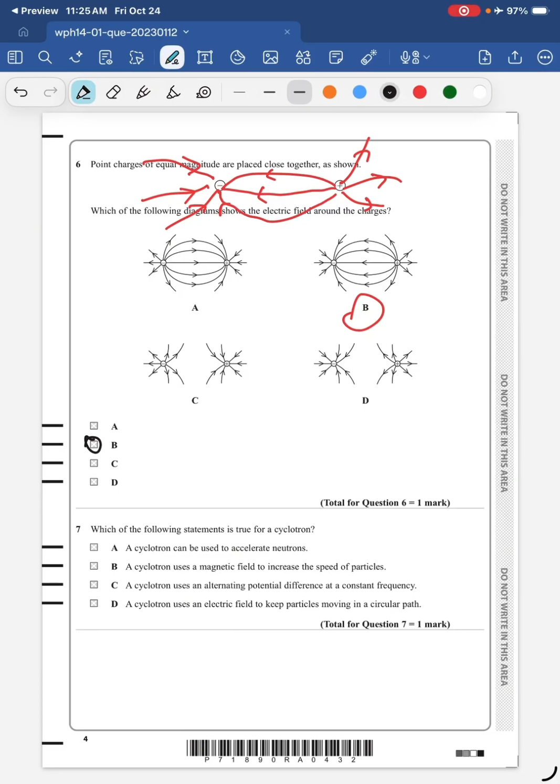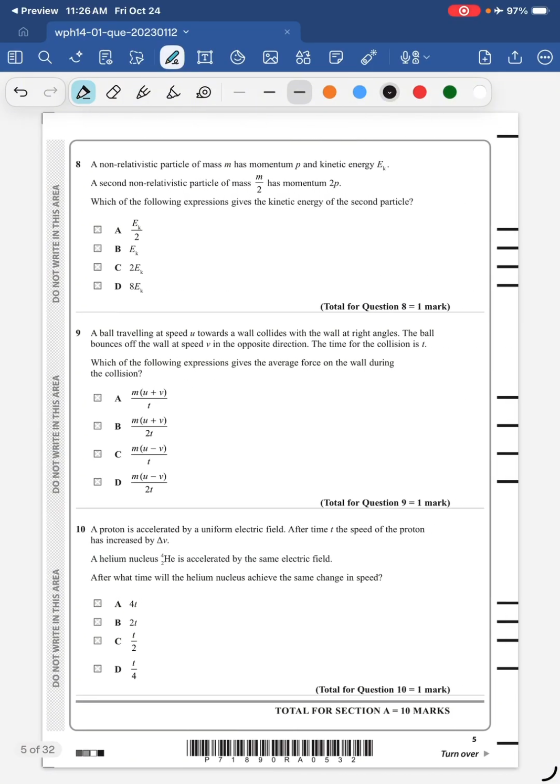So that's wrong. Option C, a cyclotron uses an alternating potential difference at a constant frequency, which is true. So let's see if this is wrong. A cyclotron uses an electric field to keep particles moving in a circular path. That's false, because the electric field accelerates the particle. It doesn't make them go in a circular path.